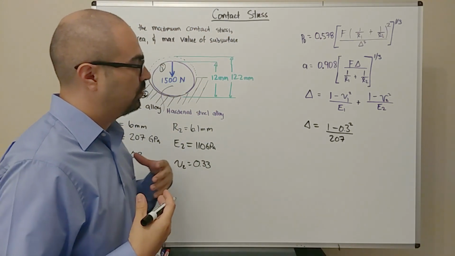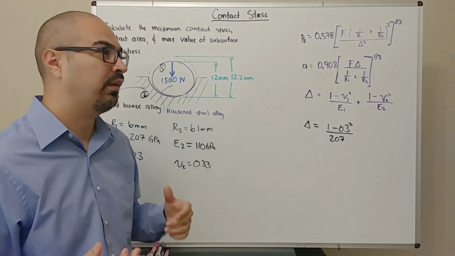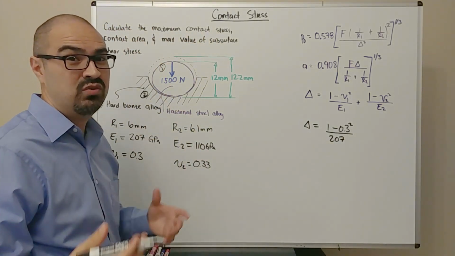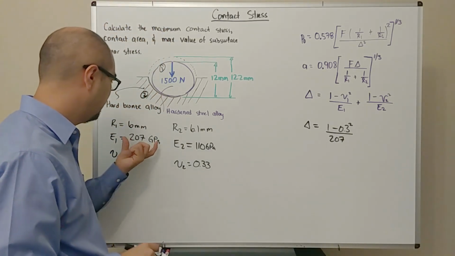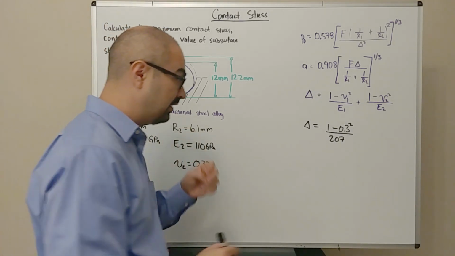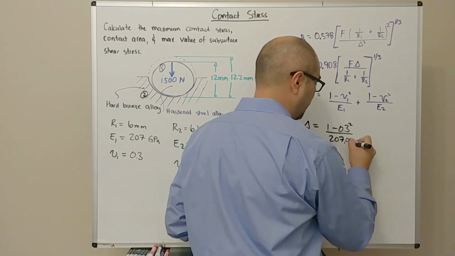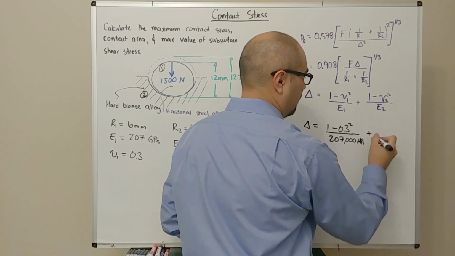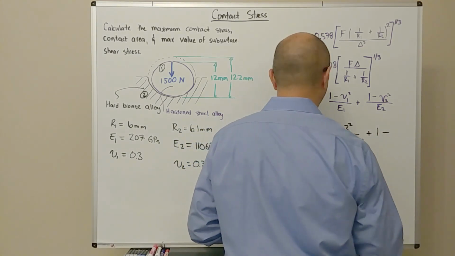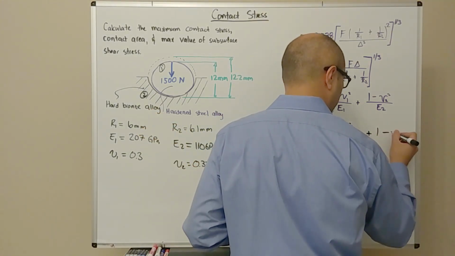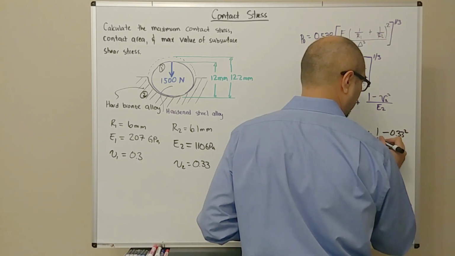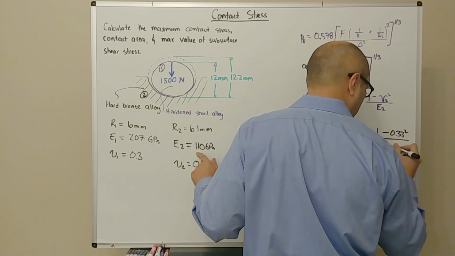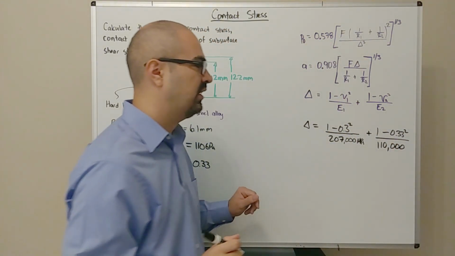Now, I like to work these problems in units of megapascals because I want to calculate a value of stress, and stress is usually given in megapascals. So if this is 207 giga, this is going to make it 207,000 megapascals. To that, we're going to add 1 minus the Poisson's ratio of the bronze alloy, which is 0.33 squared, and then divided by the elastic modulus, 110, and I'm going to type 110,000.